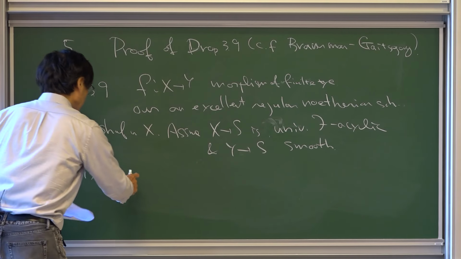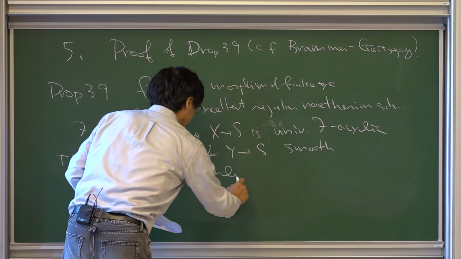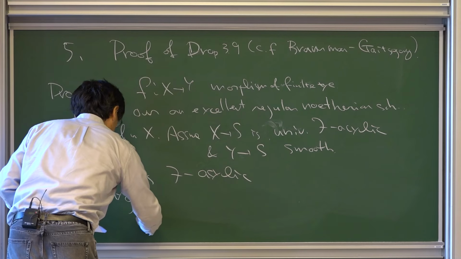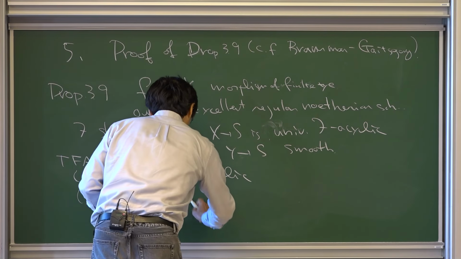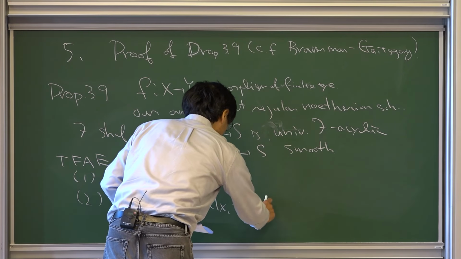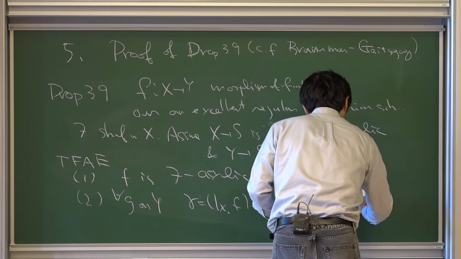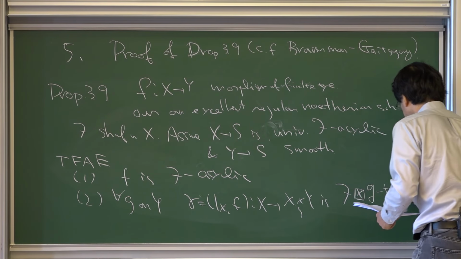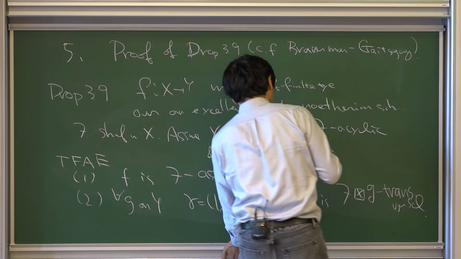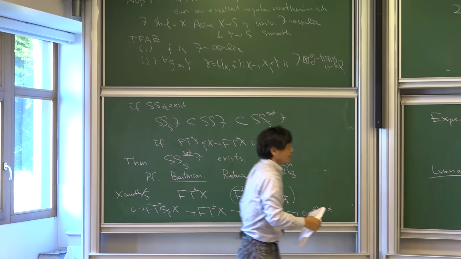The first one is that F is F-acyclic, and the second one is that for any sheaf on Y, this graph construction is transversal.